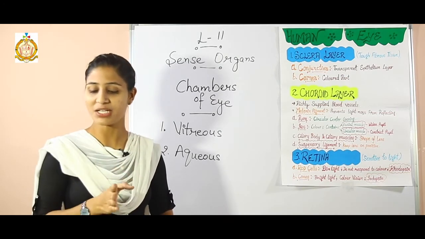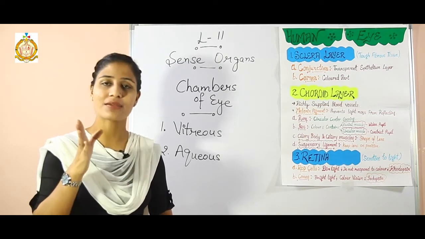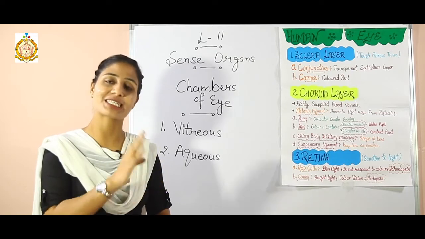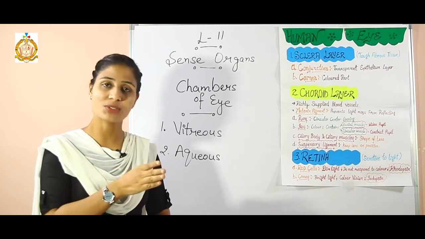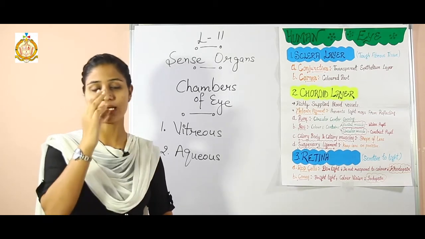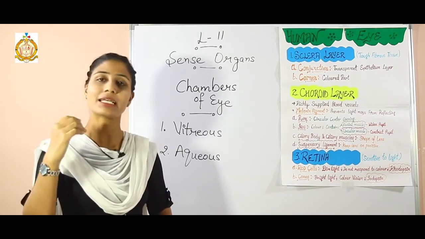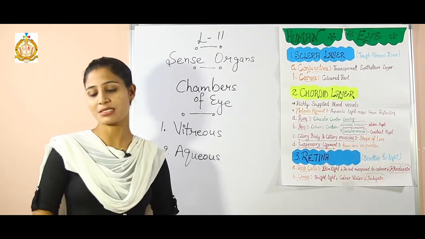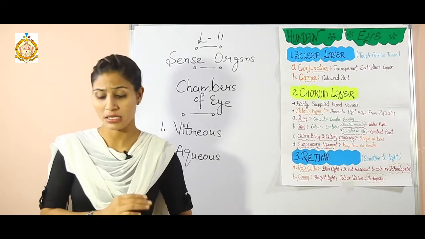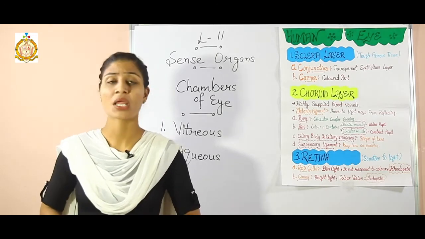In myopia, we use the concave lens. Concave lenses are responsible for correcting this defect of the eye, and while using the concave lens, the image forms on the retina, and that corrects the myopia.